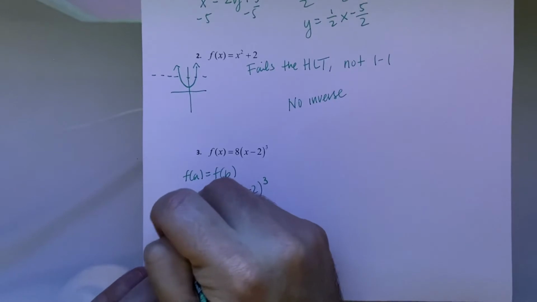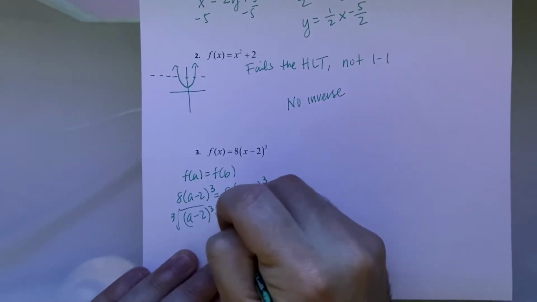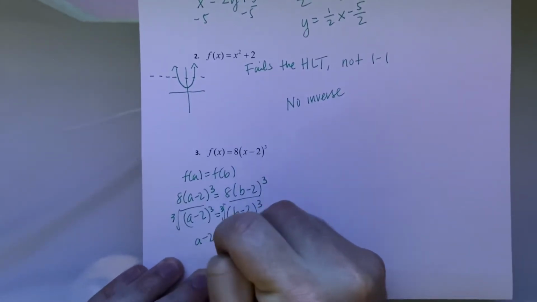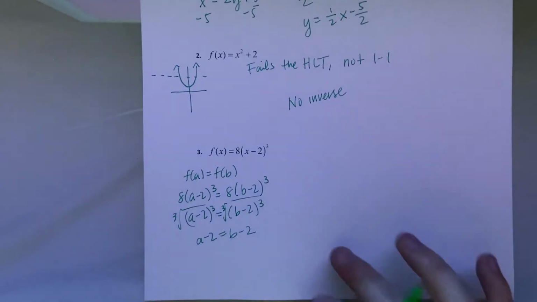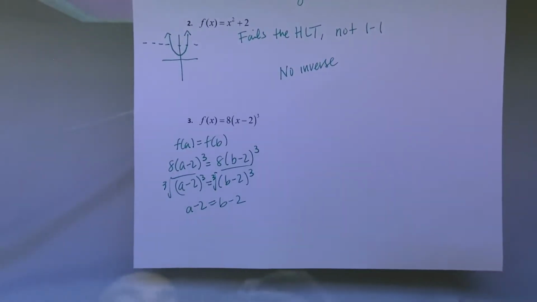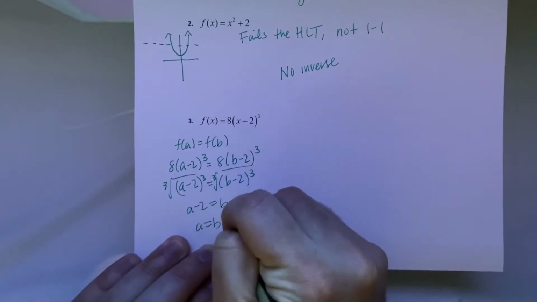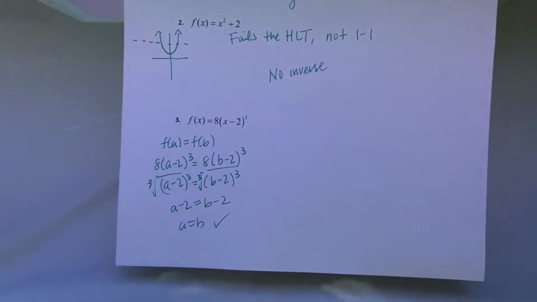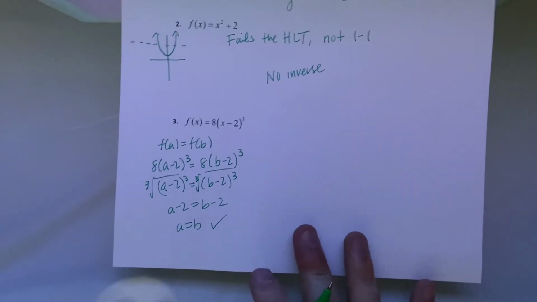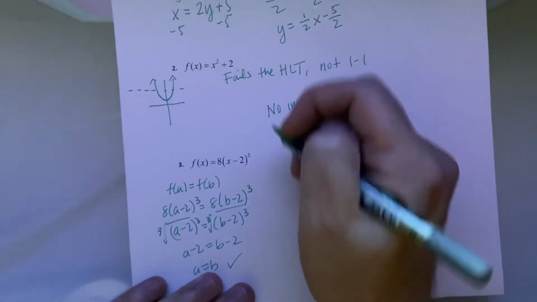Take the cube root of both sides. Get a minus 2 equals b minus 2. We don't have the plus or minus in this case because it's an odd root, and add 2, so a equals b. So this proves that this thing is a 1-to-1 function, so we can use our strategy.